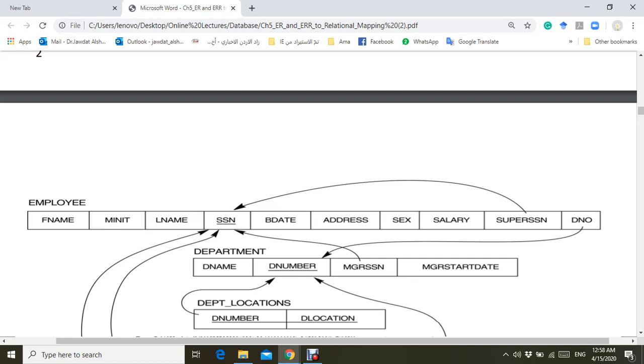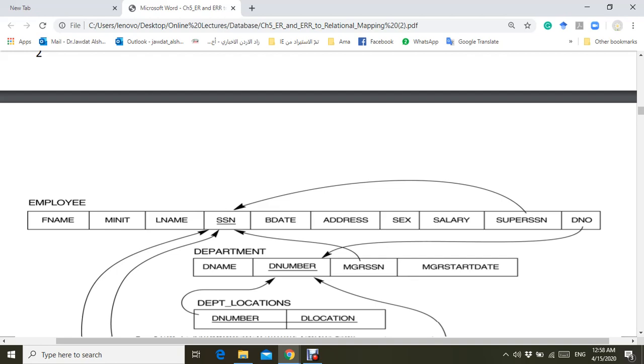Okay, here we have a primary key that comes from the key of the entity, the birth date attribute, the address attribute, the sex attribute, the salary attribute, and supervision. This is a foreign key that refers to the supervisor who is supervising this employee.